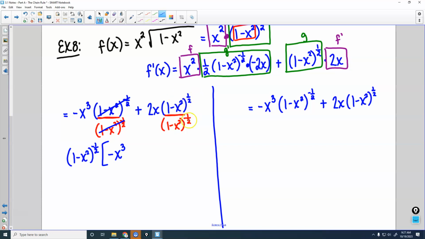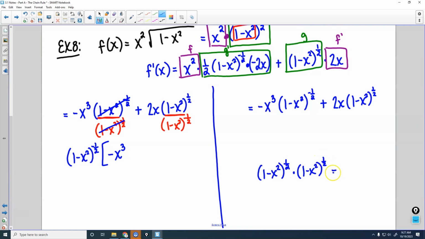Then over here, these two do not cancel out because that is a positive 1/2 and this is a negative 1/2. So they don't cancel out. But what I can think about doing, I'm going to do this over to the side and I'm going to erase it because it's on the other side, is I can take that negative 1/2 from the denominator, I can move it up to the top, which will make it have a positive exponent.